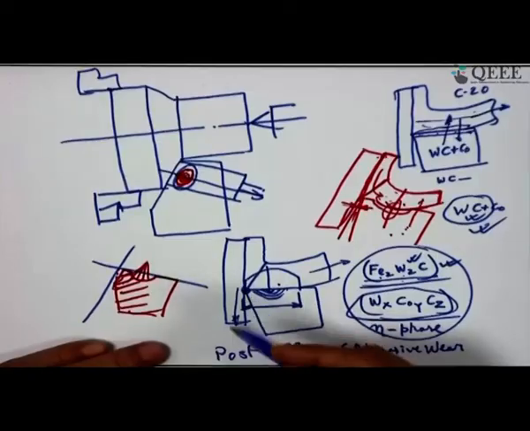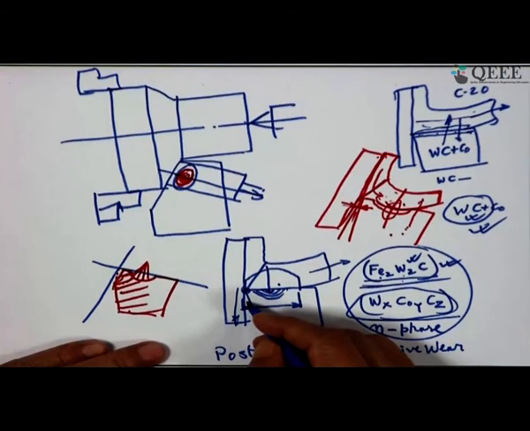There are two ways of applying coolant: at the interface between the chip and the rake, or at the flank.